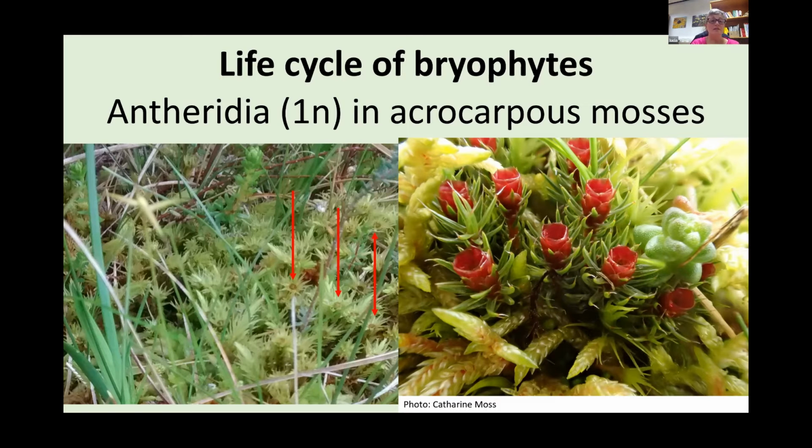And in this case, both these mosses have antheridial splash cups. So the leaves are modified to form a cup, and inside the cup are the antheridia. When the sperm is released, when it rains, the splash cup will help deflect the water and spray it out further, and that helps the sperm swim further, hopefully, and find a female.